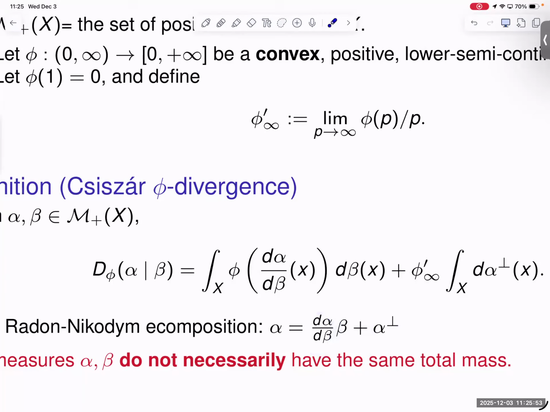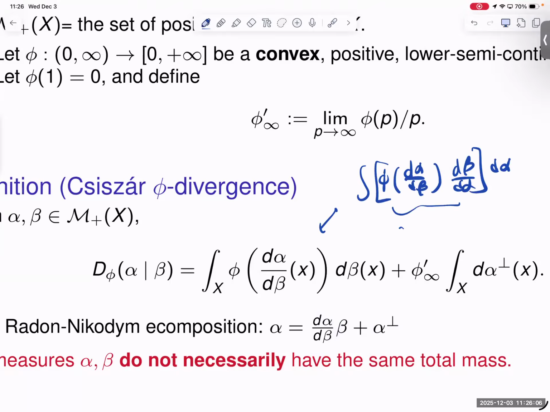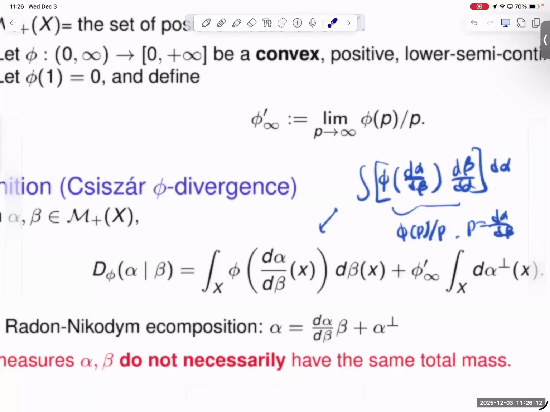Okay. So then you can just rewrite this as d alpha d beta and d beta d alpha, right? And this part is phi p divided by p equals d alpha d beta, right? And then on the singular part, this p goes to infinity.